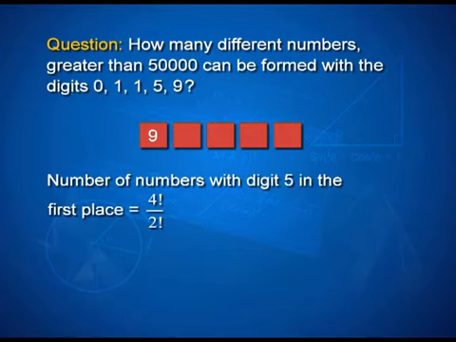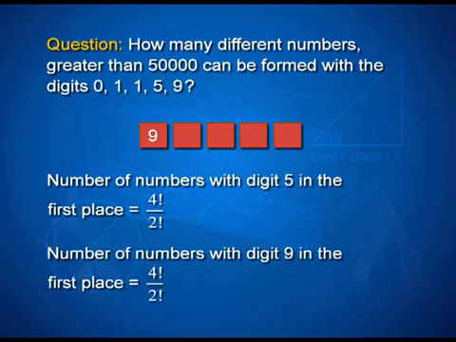That means our first place gets filled up either by 5 or by 9. Now, suppose 5 goes in the first place, then the remaining 4 places can be filled by the remaining numbers, that is 0, 1, 1 and 9, in how many ways?